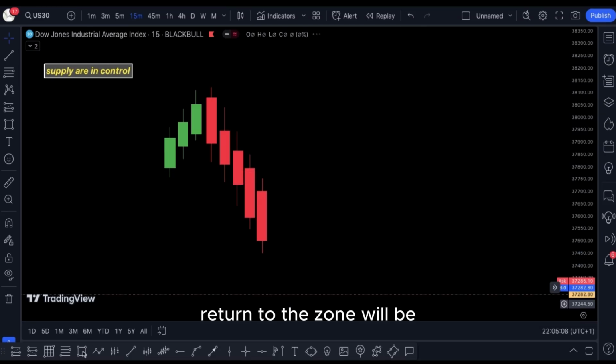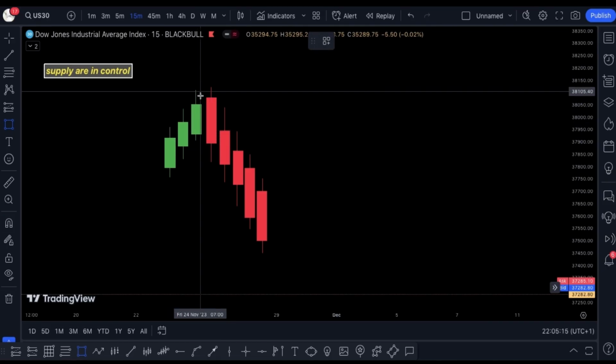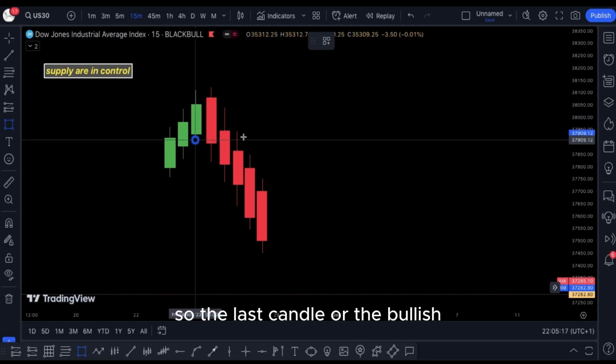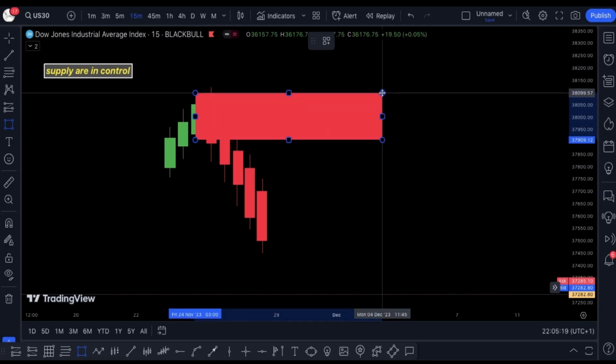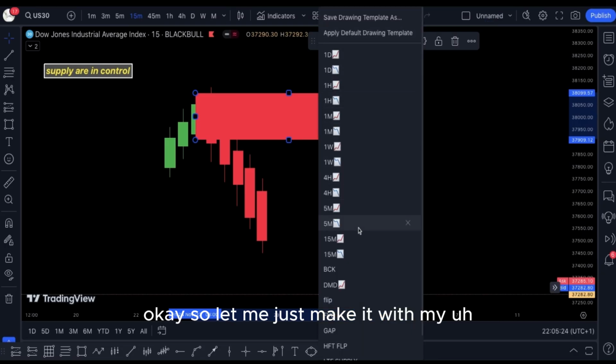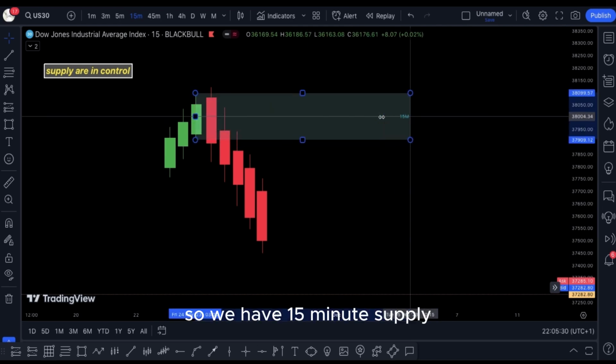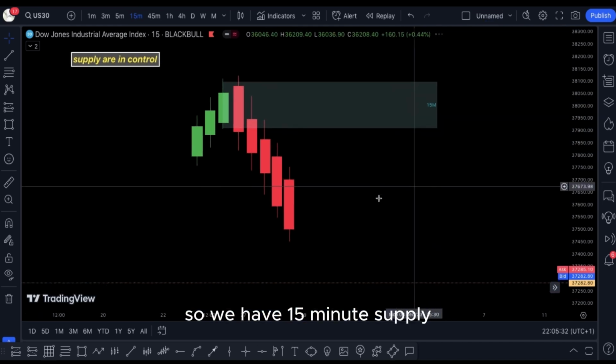Return to the zone will be when we mark up the last candle of the bullish. We are in the 50 minutes time frame, so we have 50 minutes supply.